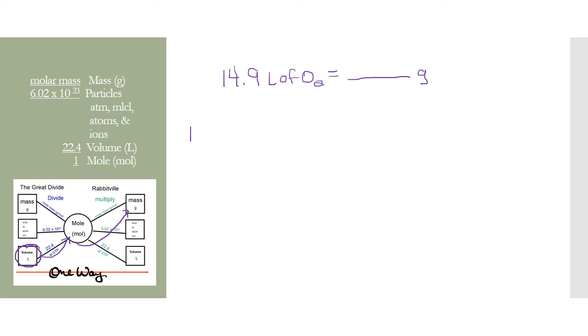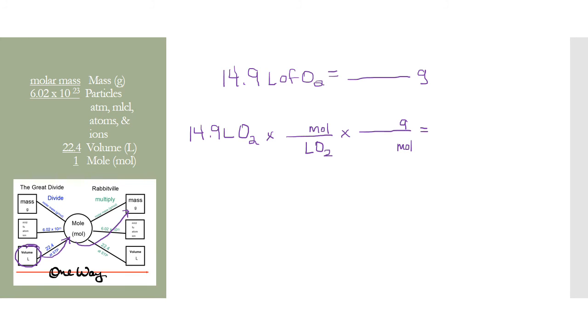So I'm going to take 14.9 liters of O2 at STP, and I'm going to get rid of liters, so I'm going to write it down there, and then since that's going to the mole, going liters to a mole, I'm going to put mole up here. I want to get rid of the mole.